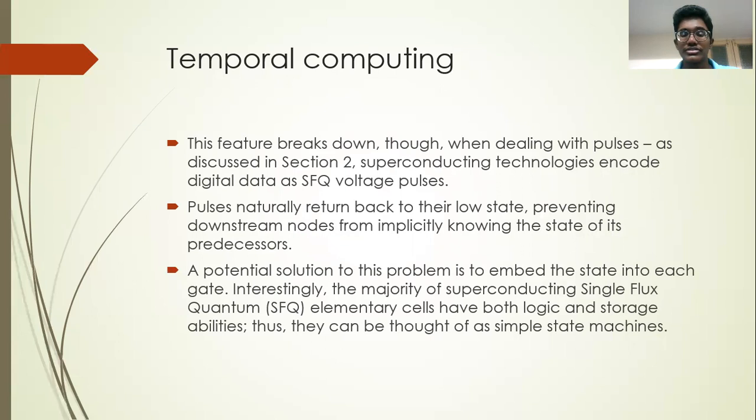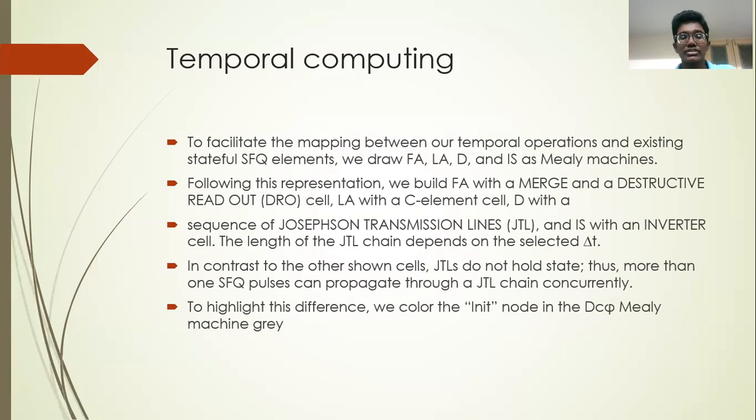A potential solution to this problem is to embed the state into each gate. Interestingly, the majority of superconducting single flux quantum, that is SFQ, elementary cells have both logic and storage abilities. Thus, they can be thought of as simple state machines. To facilitate the mapping between our temporal operations and existing stateful SFQ elements, we draw FA, LA, D, and IS as Mealy machines.